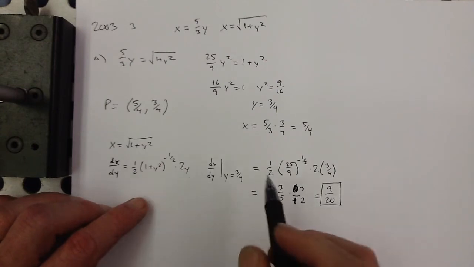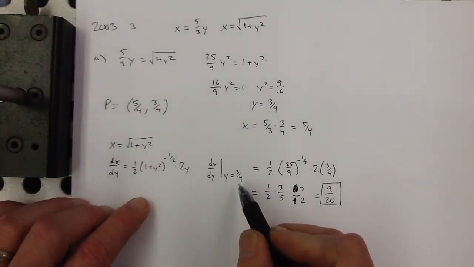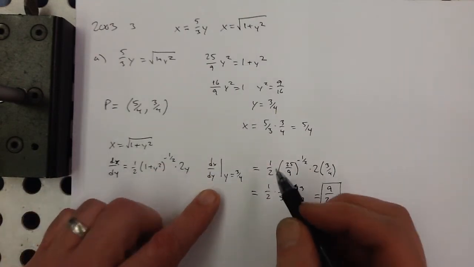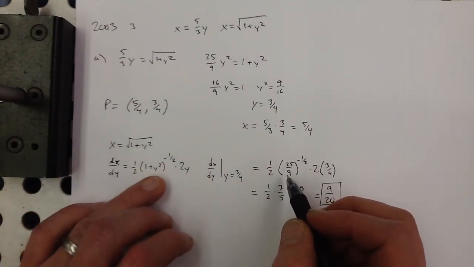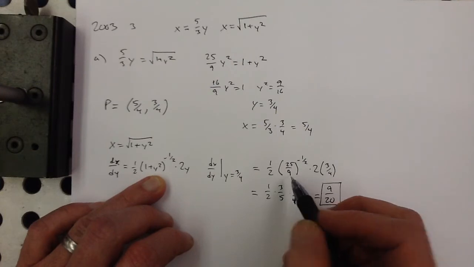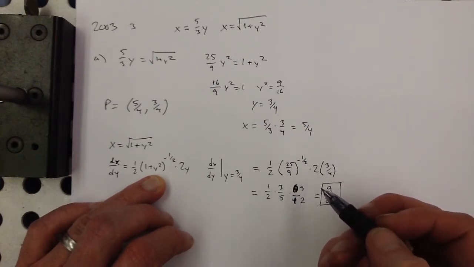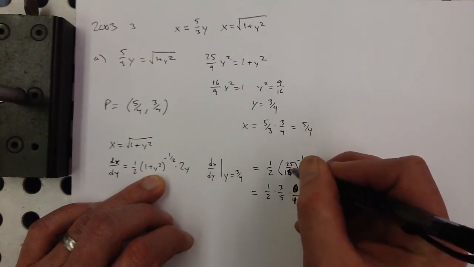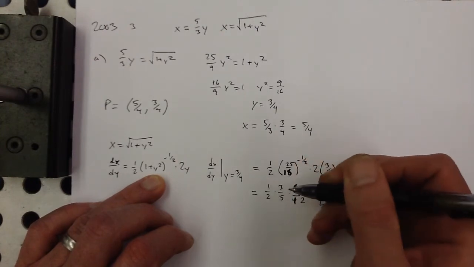This is set up right, and then the y-coordinate is, in fact, 3/4, so that's right. So I have 1/2. 3/4 squared is 9/16. So that's 25/16. Whoops, you probably already caught that, didn't you?